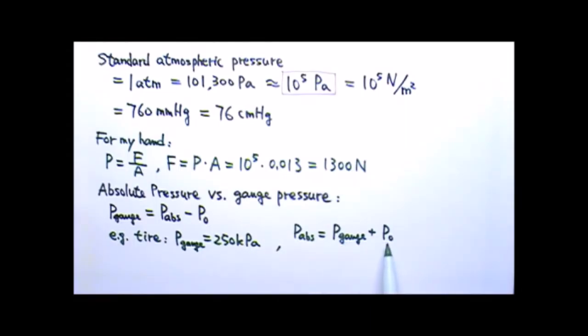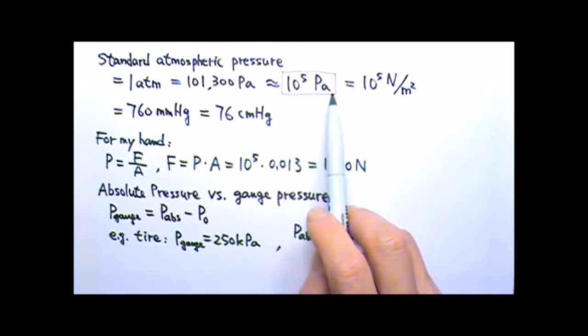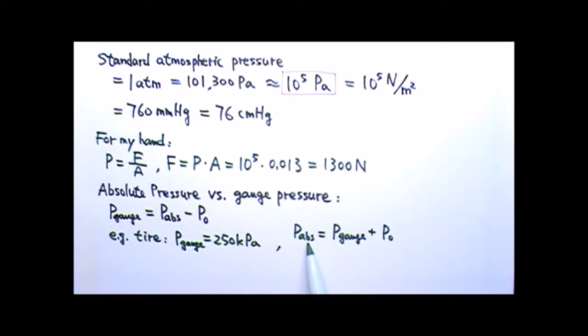If the atmospheric pressure is the standard value of 10 to the 5th pascals, then the absolute pressure inside the tire would be the gauge pressure plus the atmospheric pressure. See, the absolute pressure is the gauge pressure plus the atmospheric pressure. So the gauge pressure is 250,000 pascals plus the atmospheric pressure.